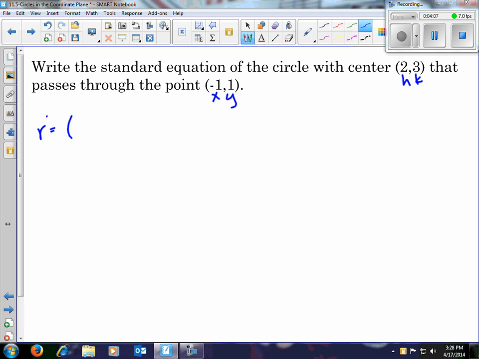R squared is equal to x minus h squared plus y minus k squared. So r squared is equal to negative 1, because that's my x, minus h, so minus 2 squared, plus y, which is 1, minus 3 squared.